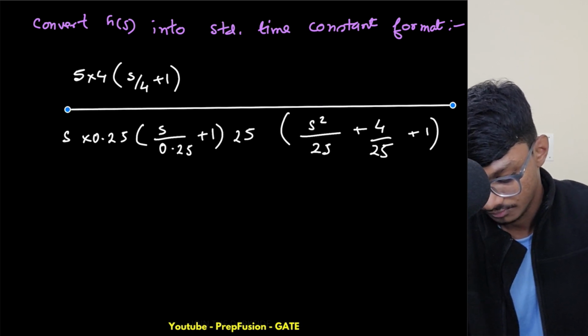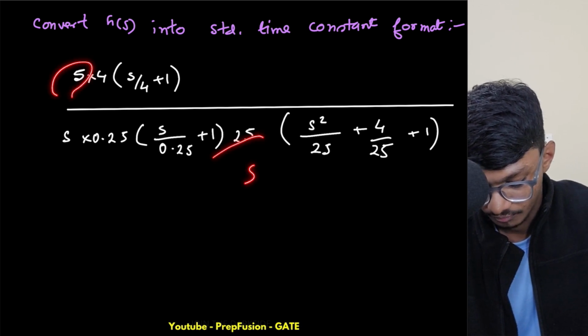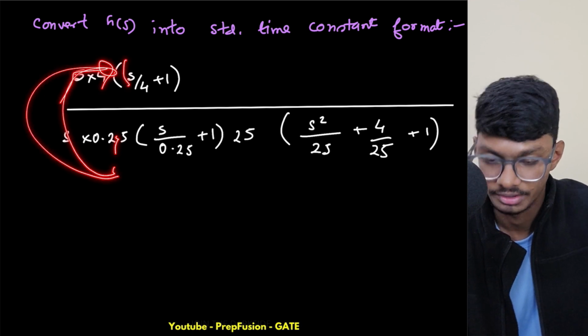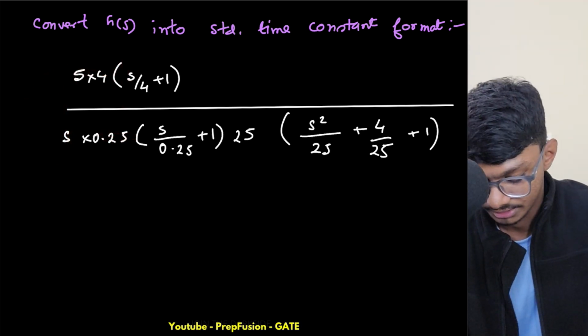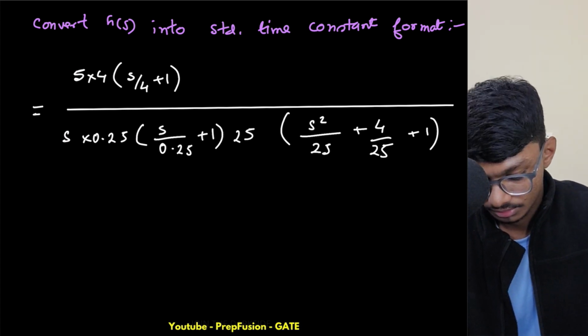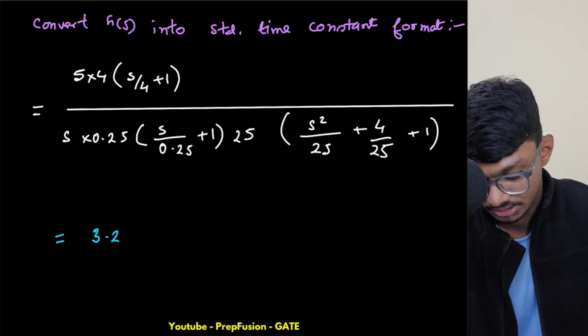So now just simply, this 5 will get cancelled with this, so we'll have 5 here, and this is 1 by 4. 4 will get in the numerator, so this is 16 by 5 itself. So what do you get? This is 3.2, and this is equal to k.